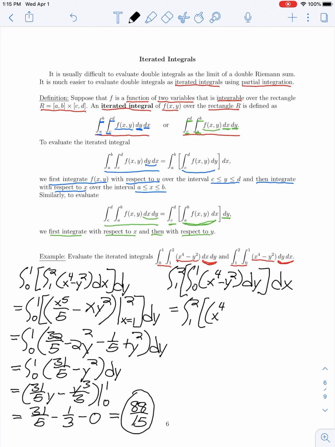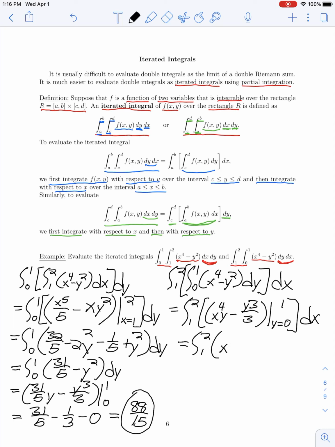For our outer integral, we have the integral from 1 to 2, and the antiderivative of our function with respect to y will be x to the 4th times y minus y cubed over 3. And we're evaluating first from y equals 0 to 1.